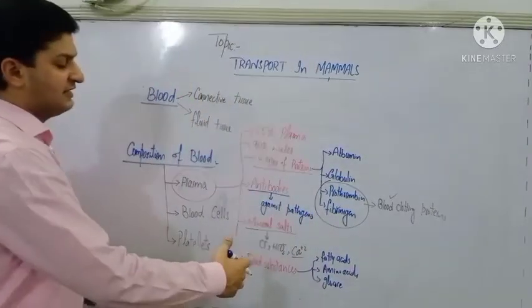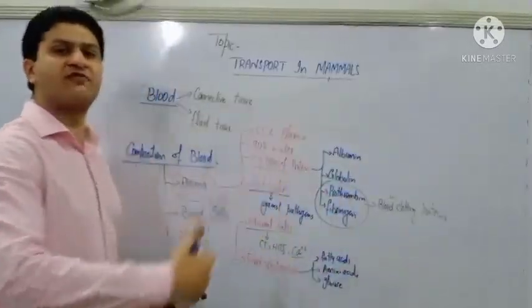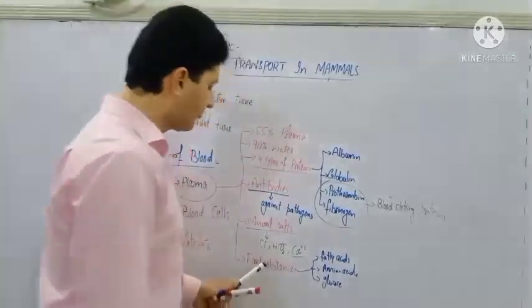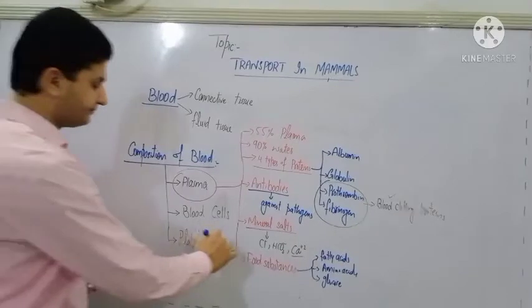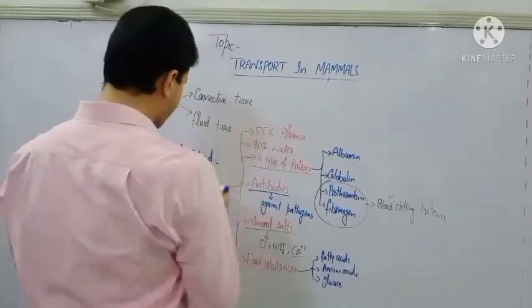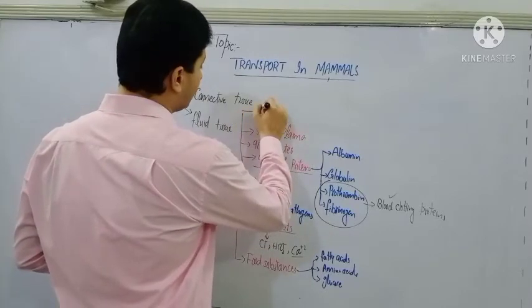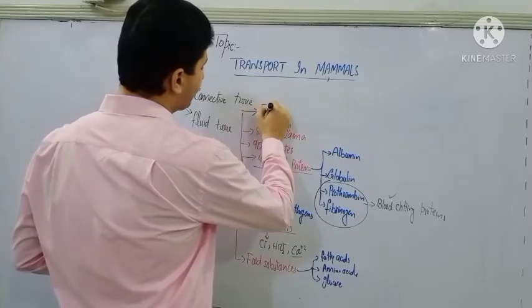So these materials are transported from one place to another around the body with the help of plasma. Then plasma also contains the excretory products.